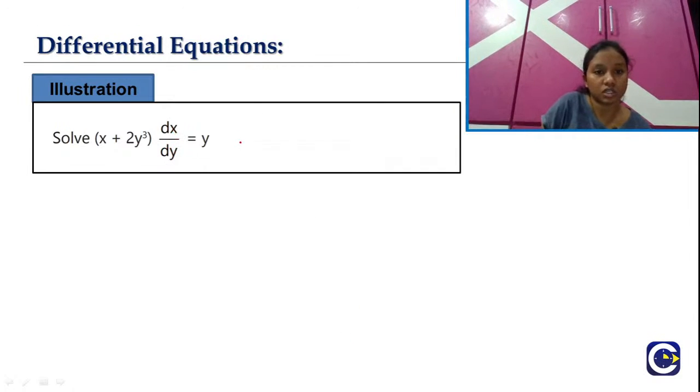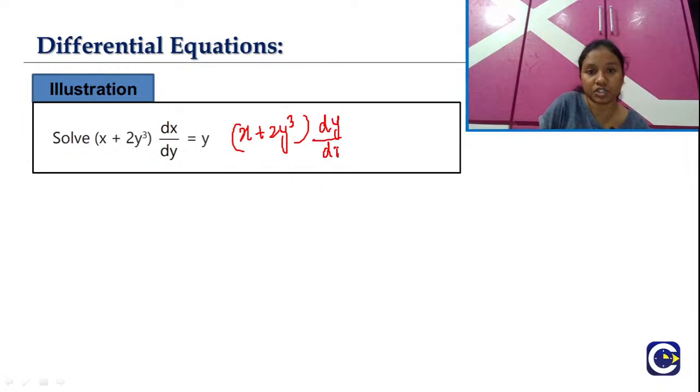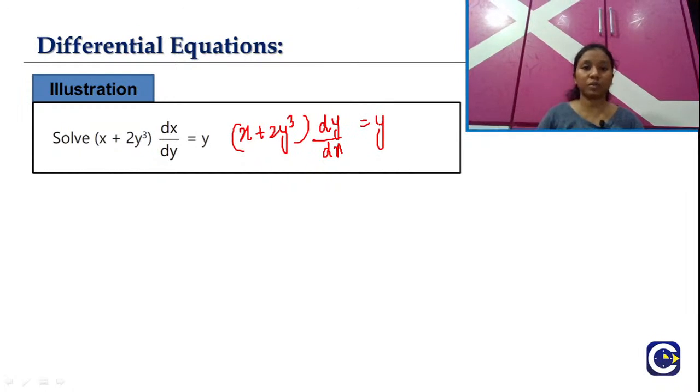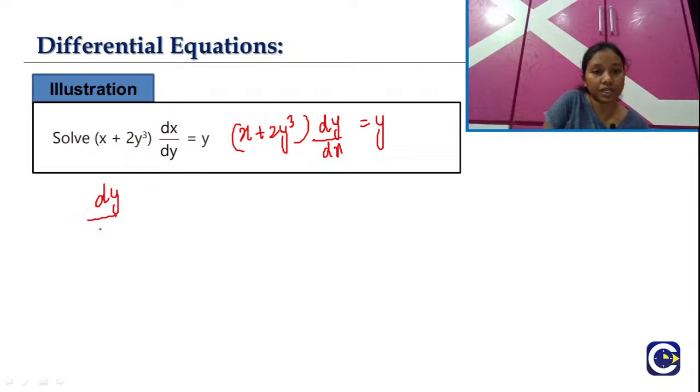So you can just rearrange things here. x plus 2y cube into dy by dx is equal to y. Now I think you guys can solve it. While rearranging it, we'll be having that issue. So just rearrange the terms here: it will be dy by dx equal to y by x plus 2y cube.